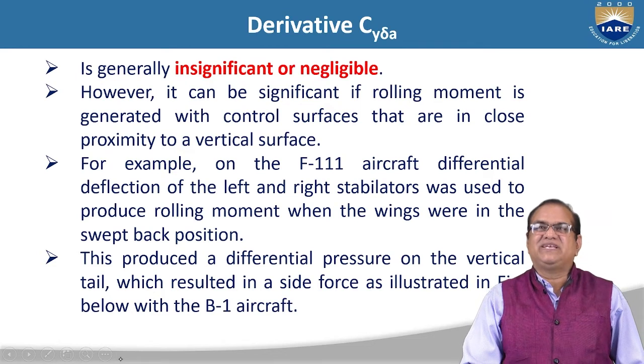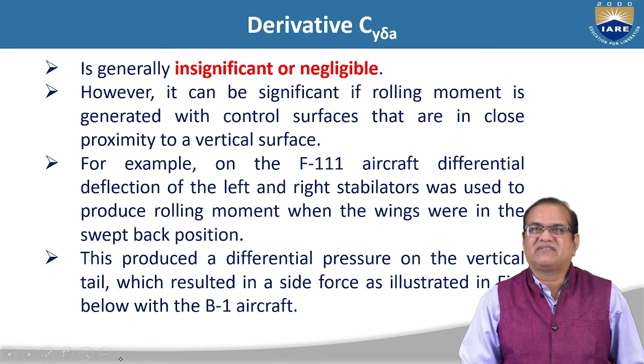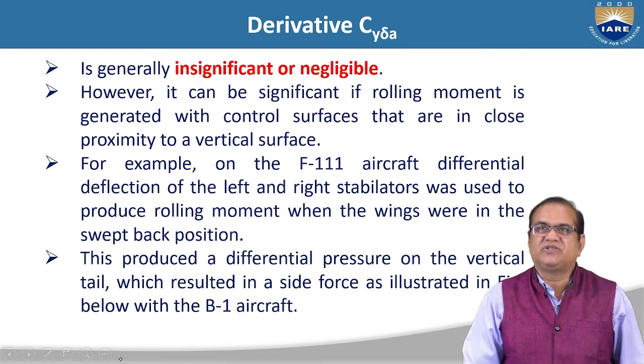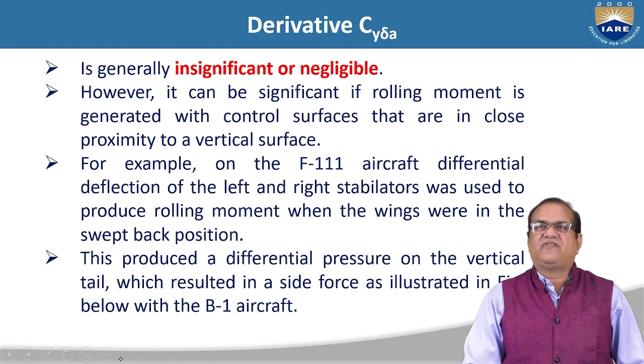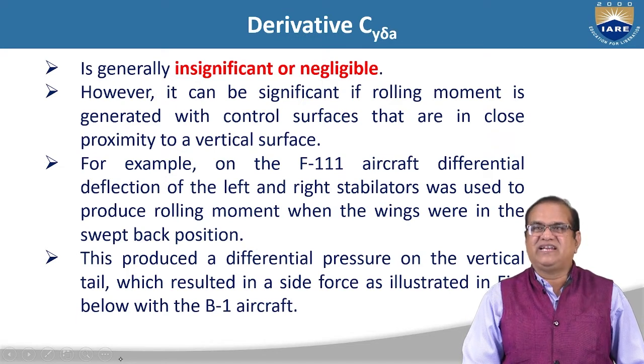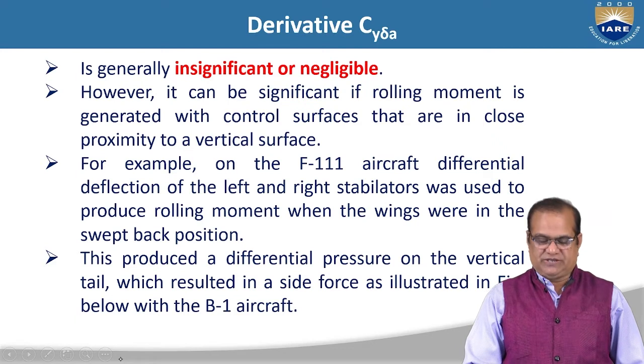However, it can be significant if rolling moment is generated with control surfaces that are in close proximity to the vertical surface. For example, on the F111 aircraft, differential deflection of the left and the right stabilizer was used to produce rolling moment when the wings were in the swept back position.